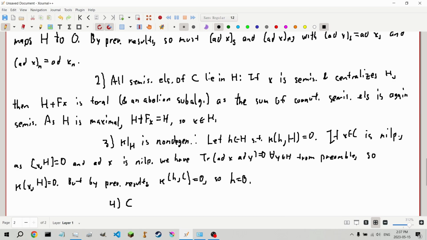Part 4 states that C is nilpotent. If X in C is semi-simple, then X is in H by 2. And the C adjoint of X is 0, and so it's nilpotent.